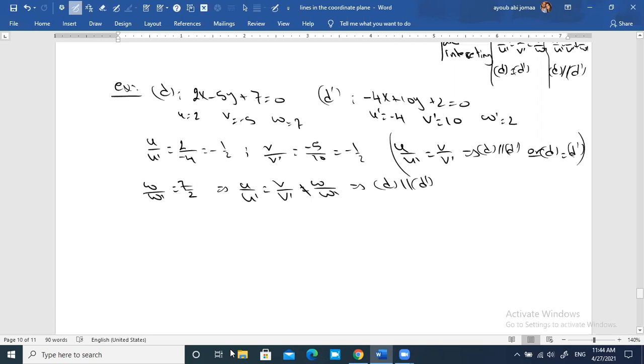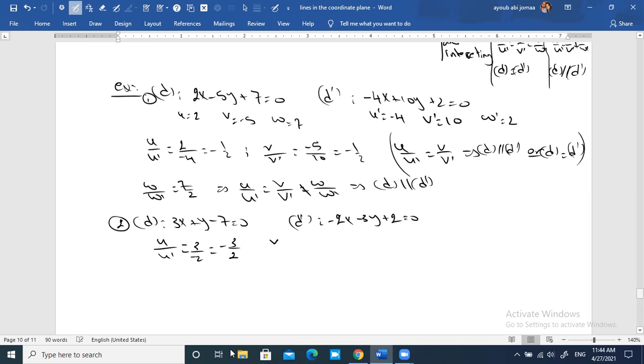Let's take another one. Let's say we have straight line d of equation 3x plus y minus 7 equal to 0, and straight line d prime of equation negative 2x minus 3y plus 2 equal to 0. Here u over u prime is 3 over negative 2, negative 3 over 2. v over v prime is 1 over negative 3, negative 1 over 3.